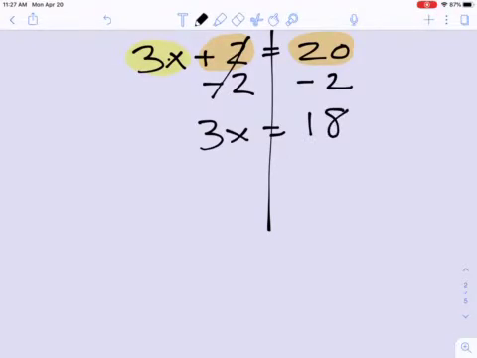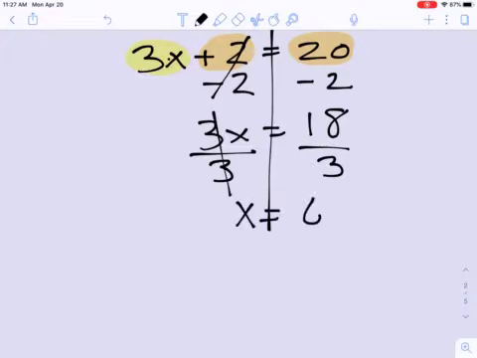Now this is down to one step, and I should know how to solve this, right? I look at what's being done to the variable. Now what's being done to the variable is it's just being multiplied by 3. And so the inverse, or the opposite of that, is to divide by 3. So I'm going to divide both sides by 3, and I'm going to get x, because this cancels. And then 18 divided by 3 is 6.